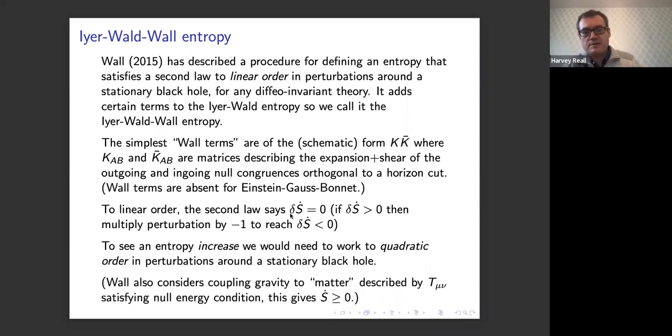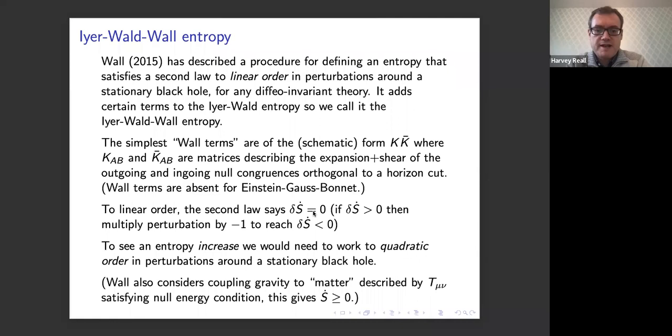So delta here means the first variation around a stationary solution. And it's easy to understand why, because if delta S dot were positive, if you had an increase in entropy at linear order, then you could simply multiply the perturbation by -1 to reach delta S dot negative, which would violate the second law. And so therefore, to linear order, the second law just says that the entropy is constant.